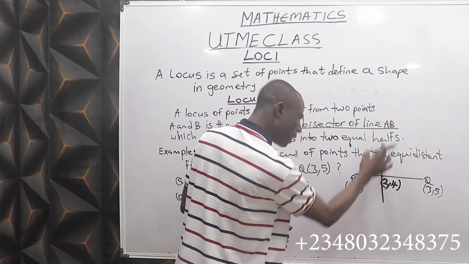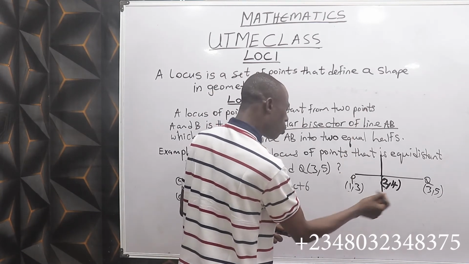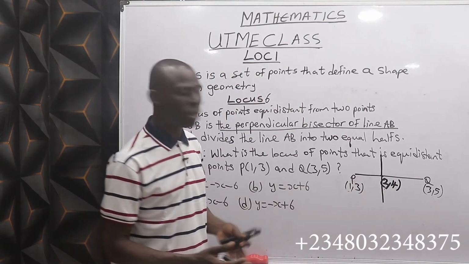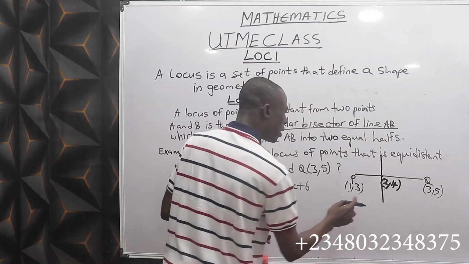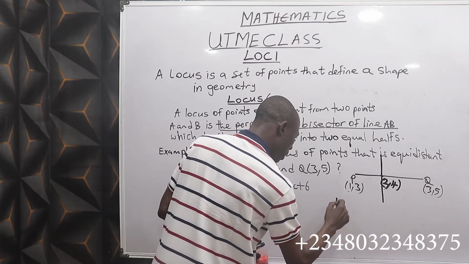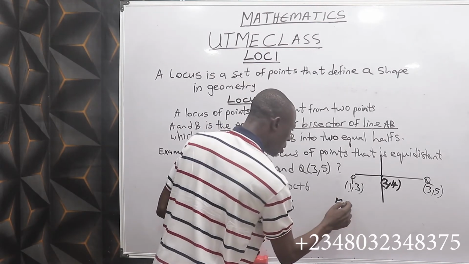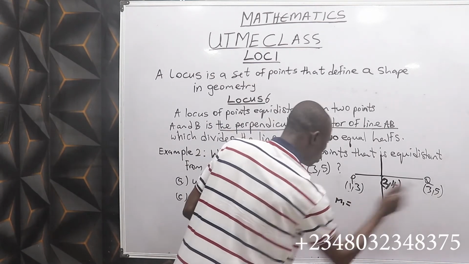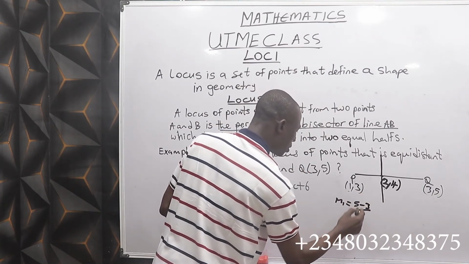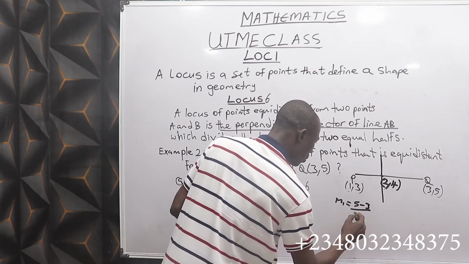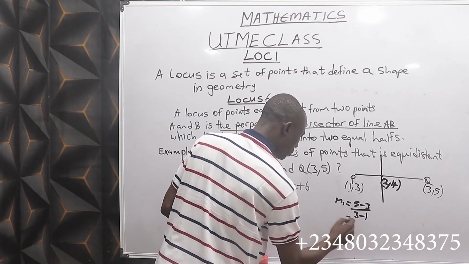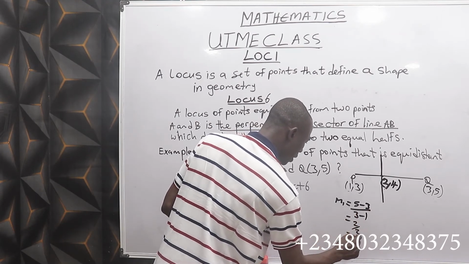So we now want to find the equation of that line. Before that, you know you are going to find a perpendicular equation in this case. So let's find the gradient of the first line PQ. The gradient of the line PQ, I call it M1, will be y2, which is 5, minus y1, divided by x2, which is 3, minus x1, which is 1, and that is 2 divided by 2, answer is 1.